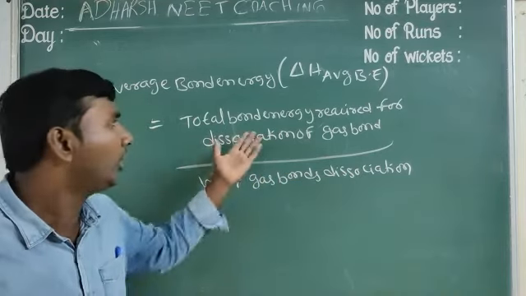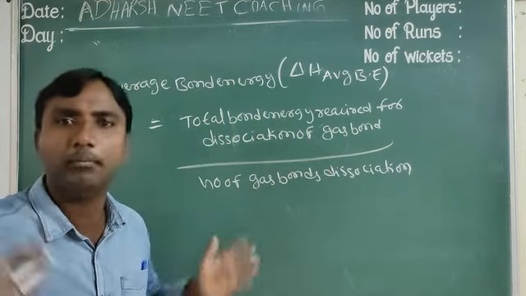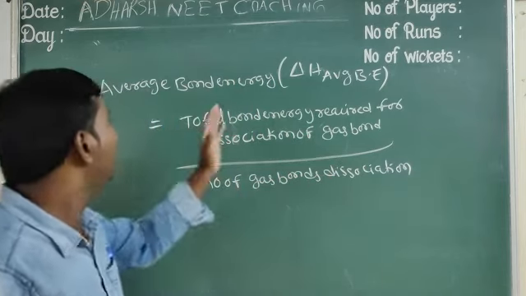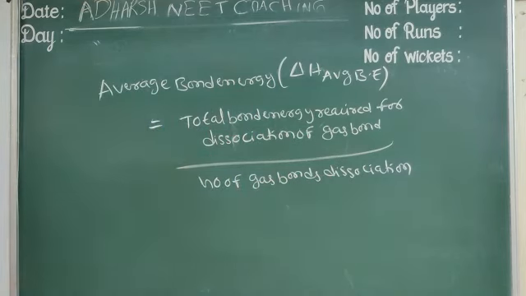Simply, total bond energy by number of bonds dissociated. This is average bond energy.